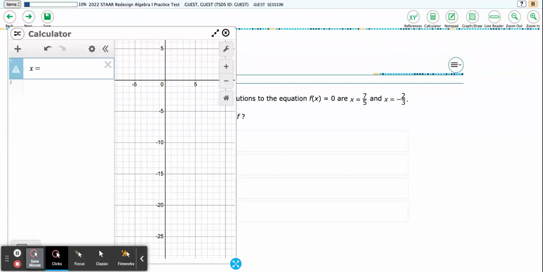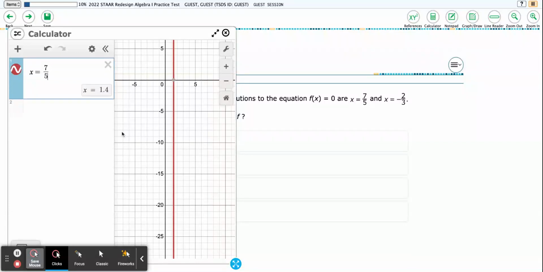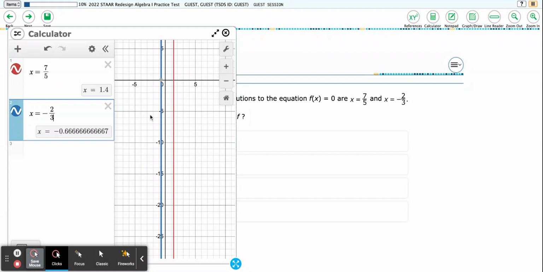So x equals 7 divided by 5. Okay? And that graphs this line right here. And then I can also do x equals negative 2 divided by 3. And that graphs the blue line.